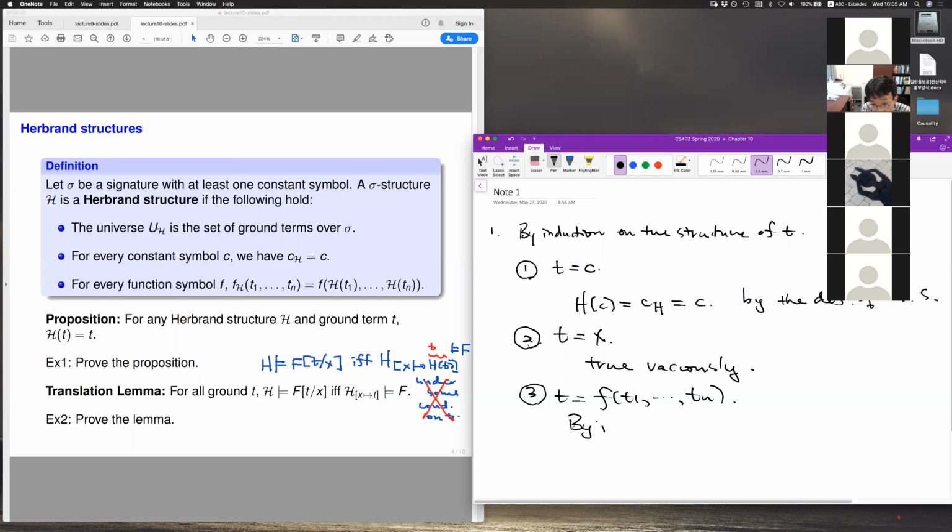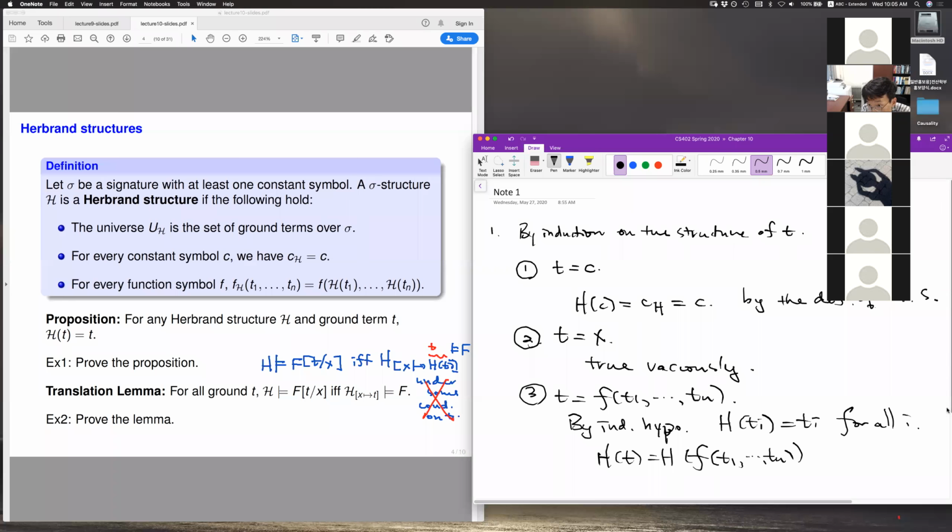By the induction hypothesis, we know that h of Ti is equal to Ti for each i. And then we now interpret h of T, which is h of f(T1, ..., Tn).